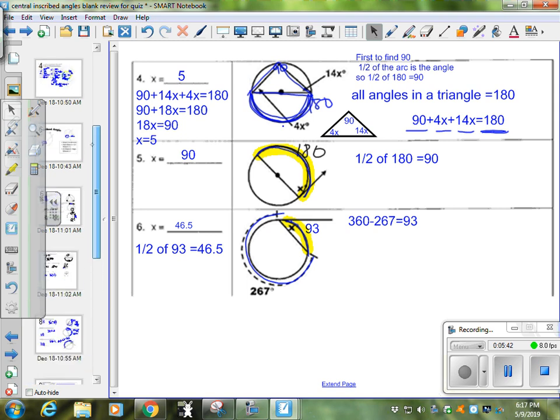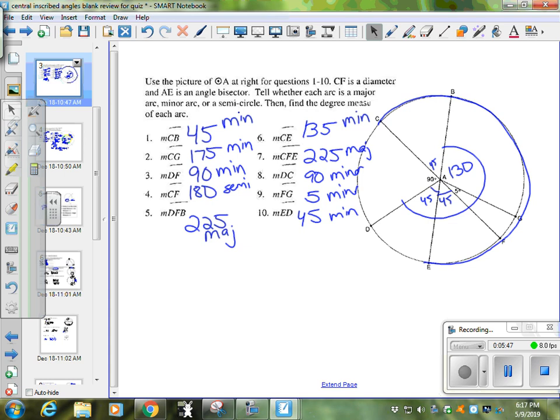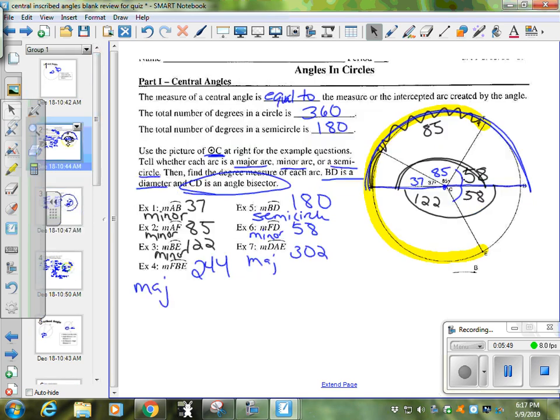Back to central angles, what we did with those was we found our missing parts. So let's go back to this one where your diameter adds up to 180, and be careful, it has an angle bisector. So you know these were the same because it split it into 2 equal parts. This all adds up to 180.